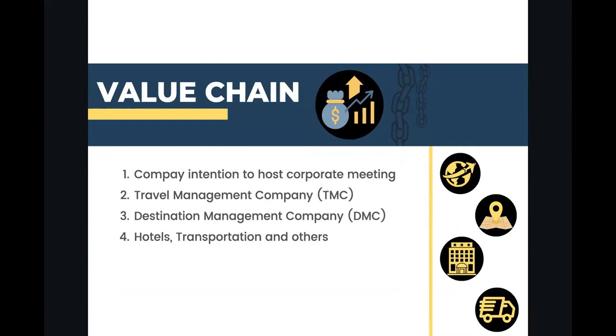Corporate meetings cannot happen without a company identifying a purpose to hold a meeting. The purpose should complement overall company goals, foster corporate strengths and help reduce weaknesses. The last one, they should encourage staff to have more efficiency.